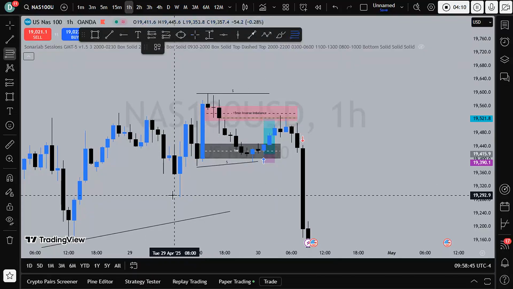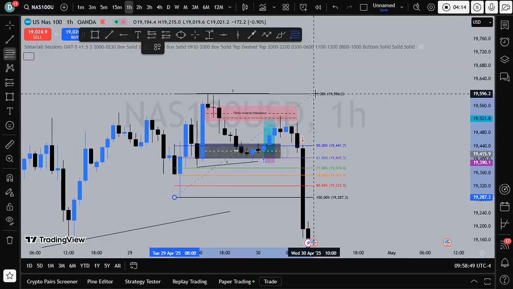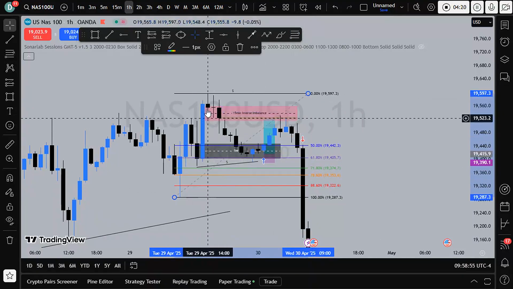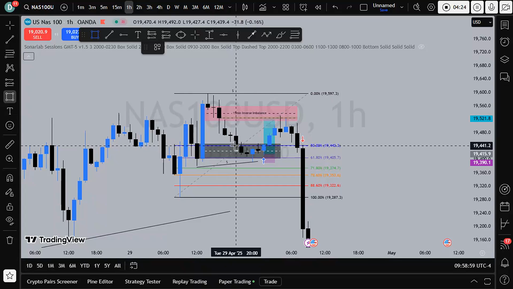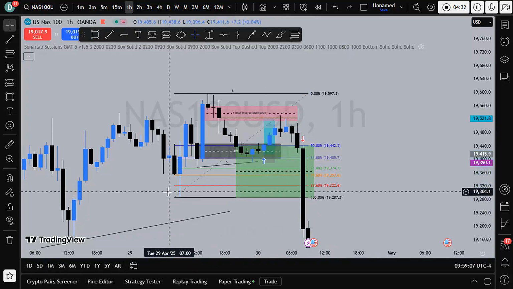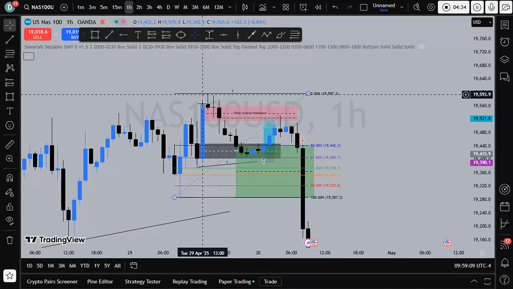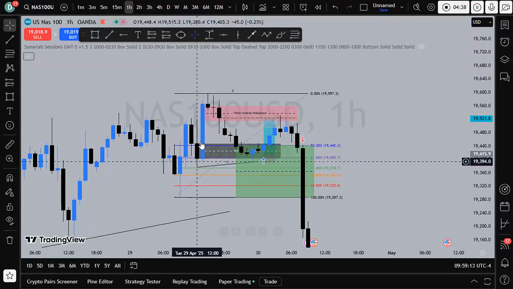You want to take trades when price is in this area, so your retracement should be at least 50% of the range you just looked at. The range is the two swing points we just looked at, my swing low and swing high. This makes my current trading range.